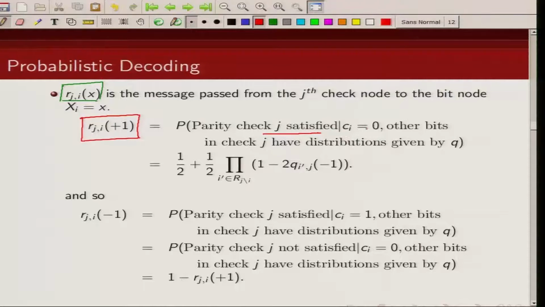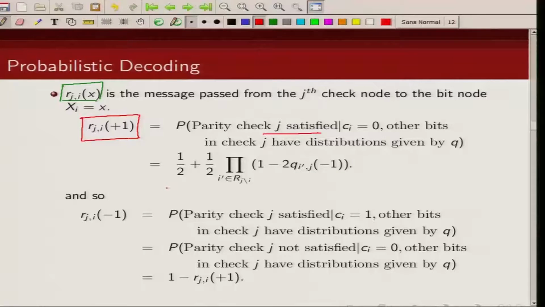Now, what is the probability that the jth parity check constraint will be satisfied given Ci is 0? That probability is given by the condition that all other bits taking part in the parity check constraint, other than the Ci bit, should have even parity, and that is given by this expression. Similarly, we can find out the probability that RJI is minus 1. This is 1 minus this probability.